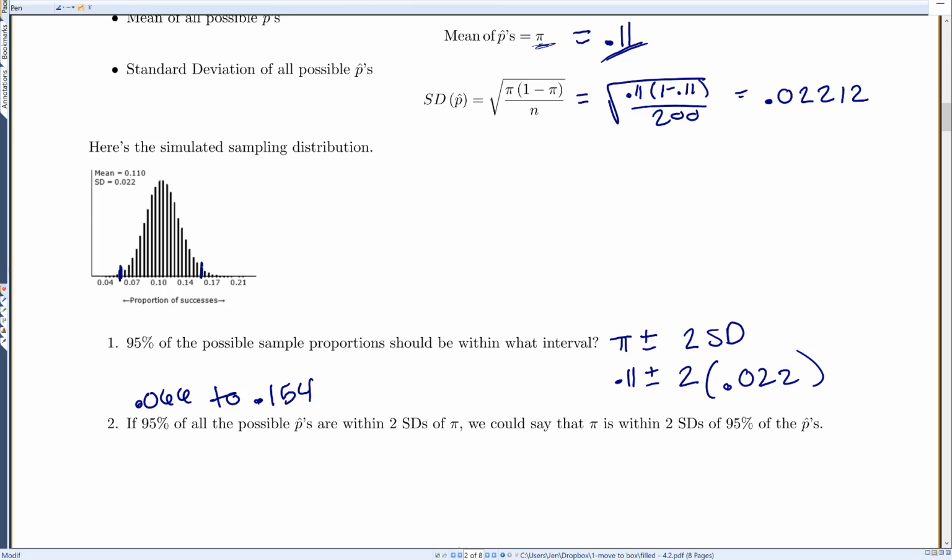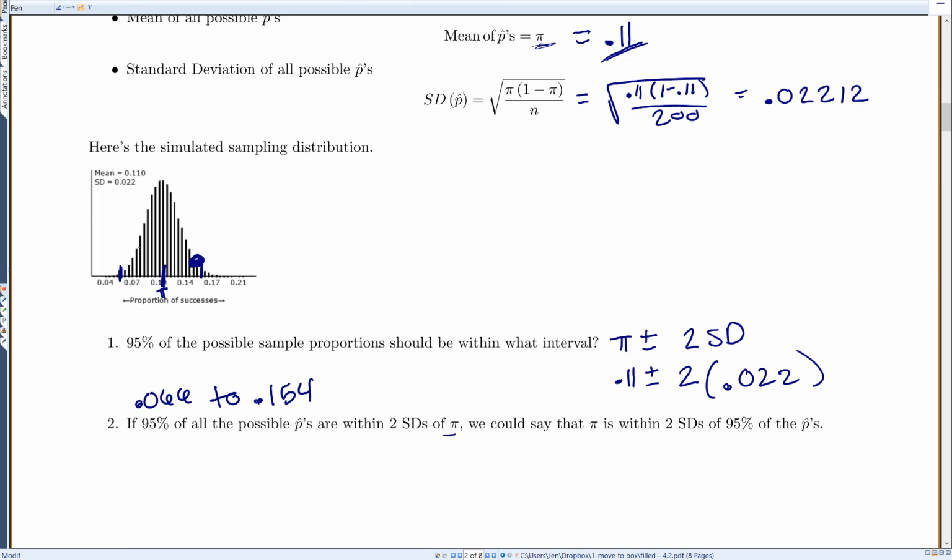Okay. Now that's important because if 95% of all the possible sample proportions, the p-hats, are within 2 standard deviations of pi, could you reverse that? Could you then say that pi is within 2 standard deviations of 95% of the sample proportions? Or if I pick this sample proportion right here, so here's pi, is pi within 2 standard deviations of this sample proportion?